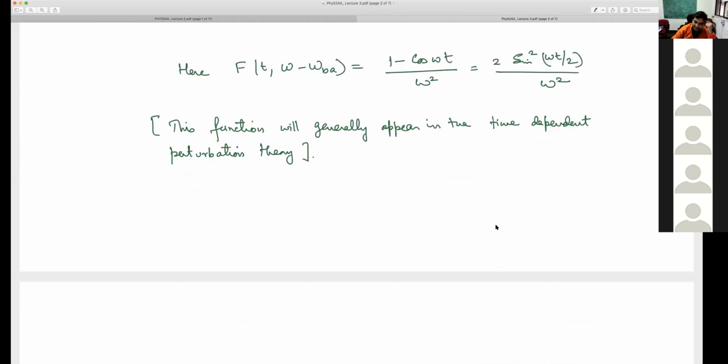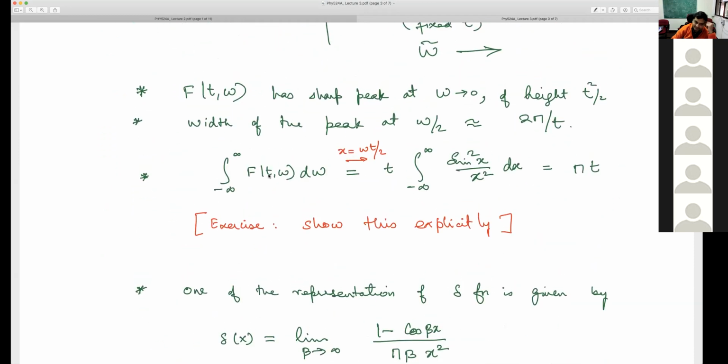So if I integrate over the frequency, I can make a substitution x equal to omega t by 2. So I'll get this t, and I'll be left with sine square x by x square, and this integral, you should be able to show, is just pi. So it goes as pi t.